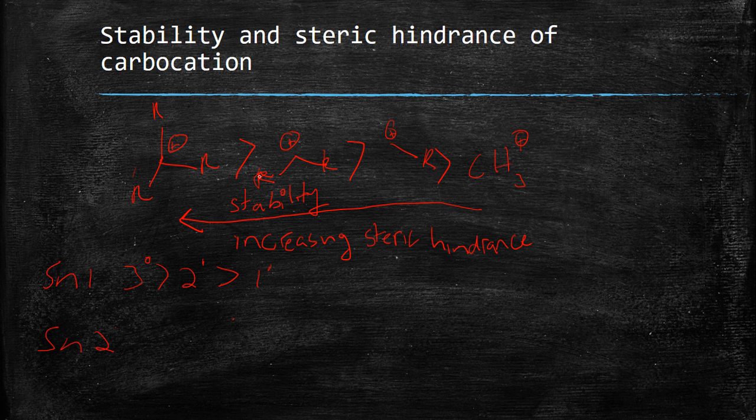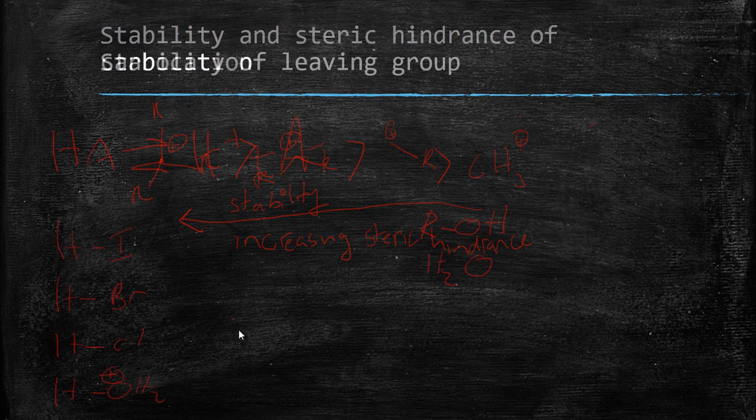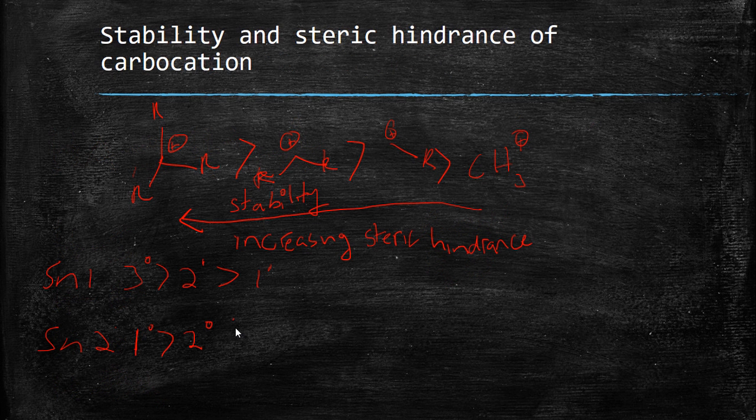A secondary carbocation is slightly sterically hindered, but nowhere near as much as the tertiary, so it'll allow SN2 to occur, but it'll also be in competition with SN1. A primary carbocation, however, is very easily accessible to a nucleophile, and thus will be favored via an SN2 reaction mechanism. So for SN2, a primary substrate is better, a secondary is better than a tertiary.